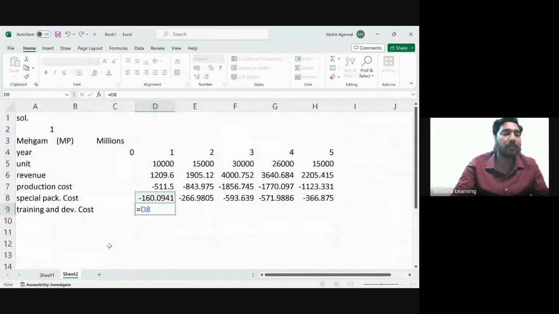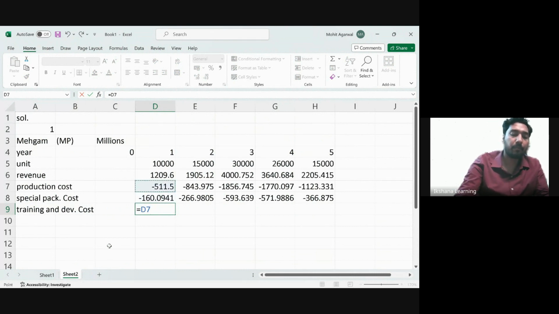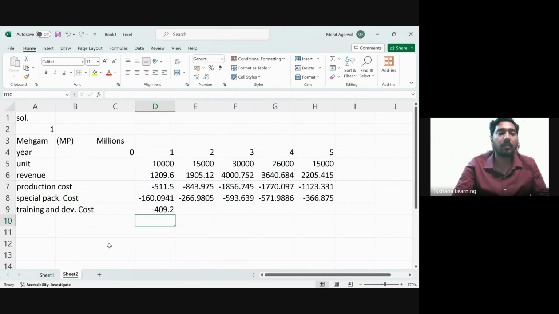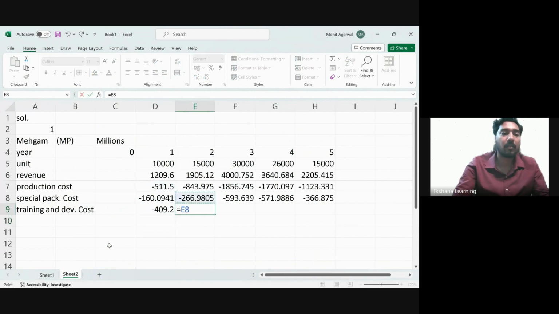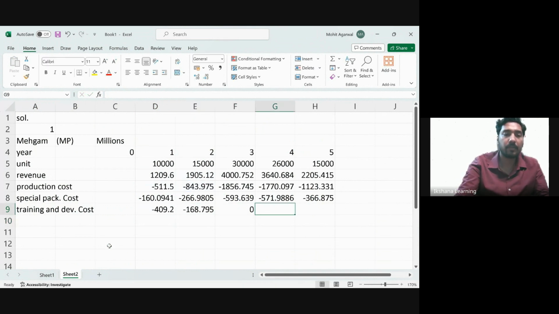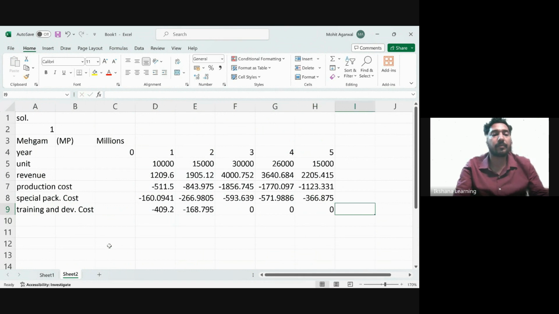So what is our production cost? This minus production cost. Sorry, it is already negative. Multiply by 0.8. This multiply by 0.2. Then it says 0, and right.